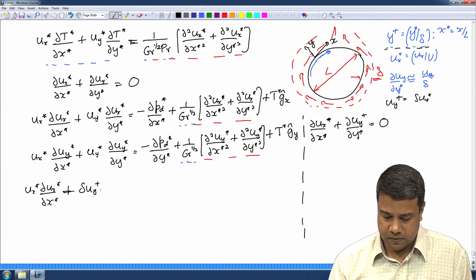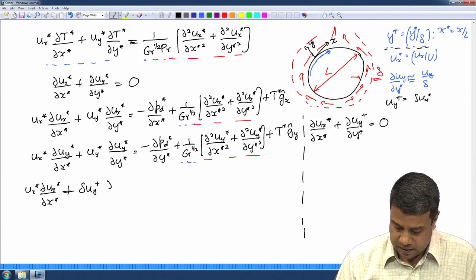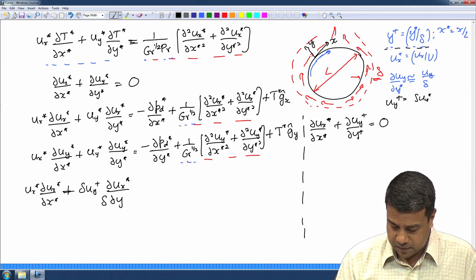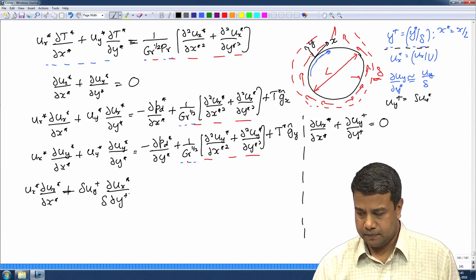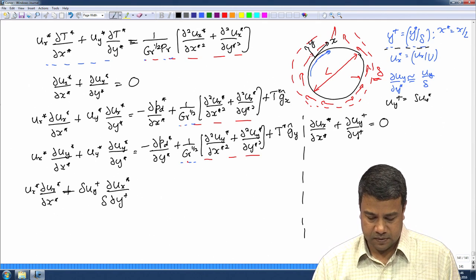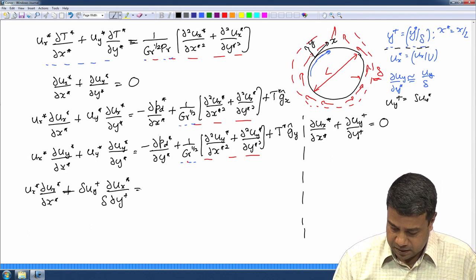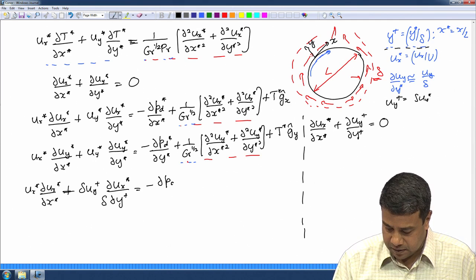I will get delta times uy plus times partial ux star by delta partial y plus, because uy star is delta times y plus, which is equal to minus partial.